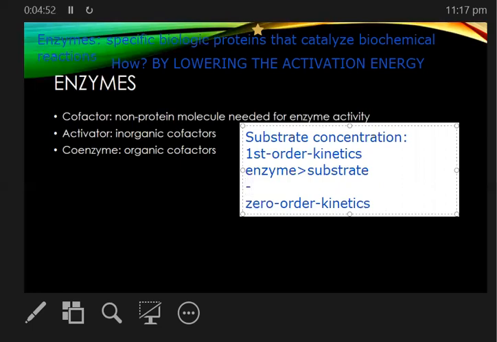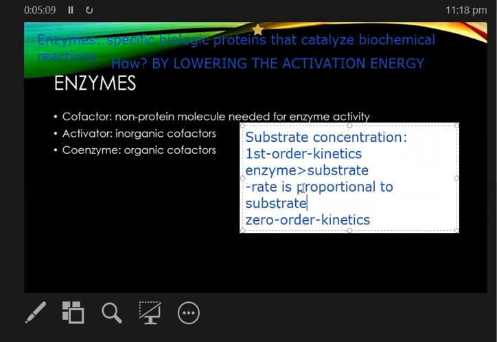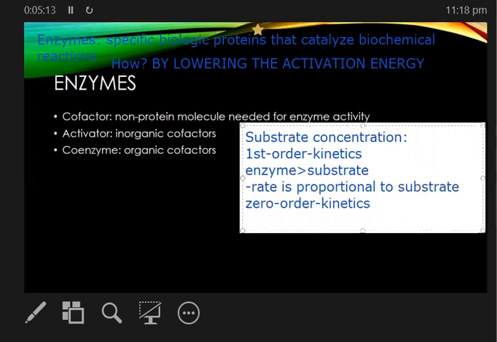That's why in first order kinetics, the rate is proportional to the concentration of your substrate. Why would the substrate be the one that will determine the rate in your first order kinetics? Because it is the limiting factor in your first order kinetics.